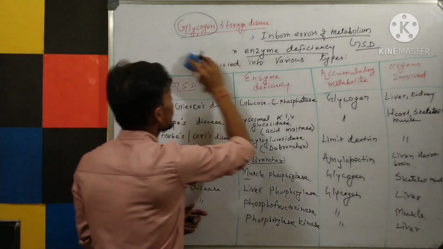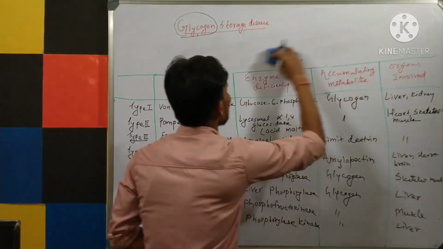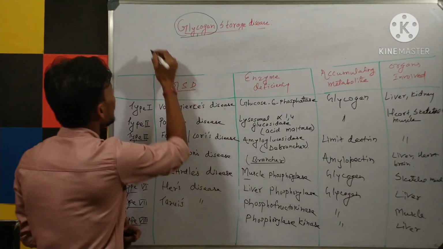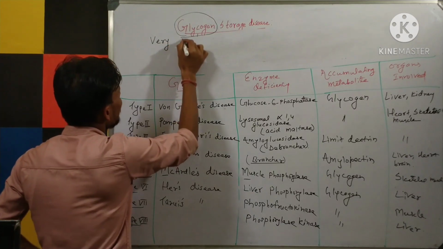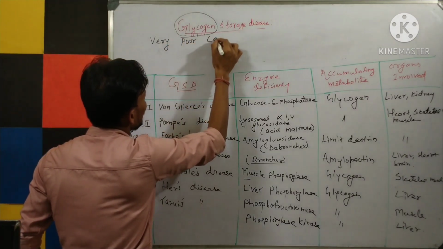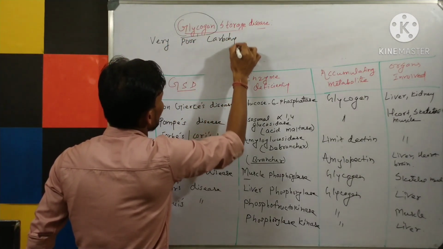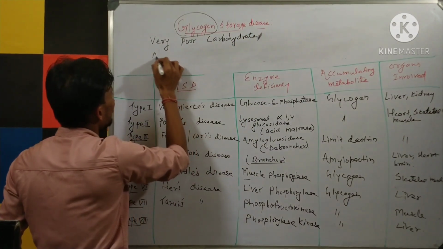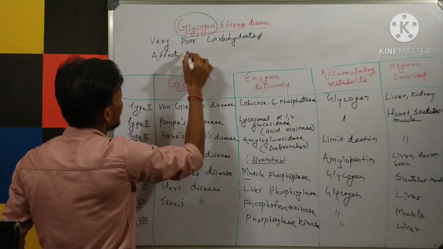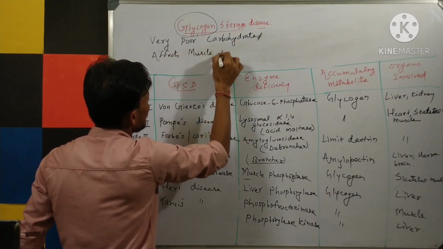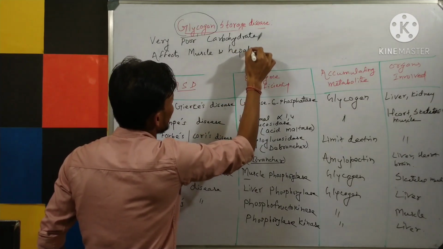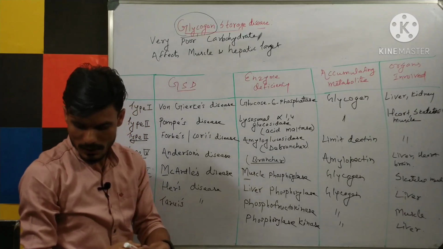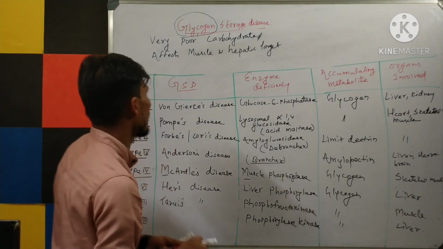I will give you a mnemonic so it will be easy for you to remember: Very poor carbohydrate affects muscles and hepatic target.